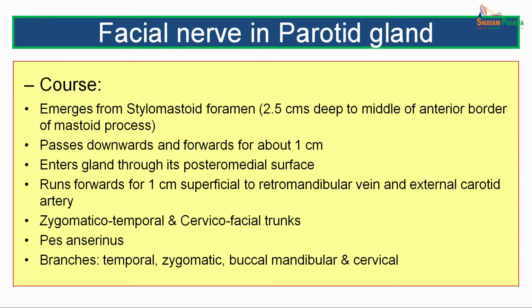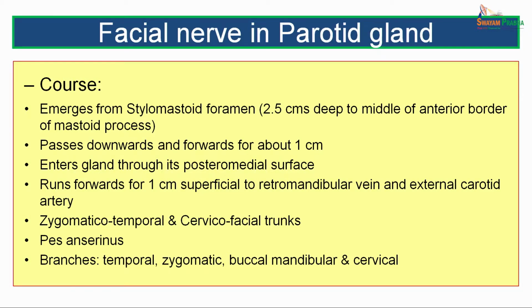Later, it gives rise to two trunks, that is the zygomatico-temporal and the cervicofacial trunks. Within the substance of the gland, the zygomatico-temporal trunk divides to give rise to the zygomatic branch and the temporal branch, whereas the cervicofacial trunk divides to give rise to the buccal branch, the marginal mandibular branch and the cervical branch.